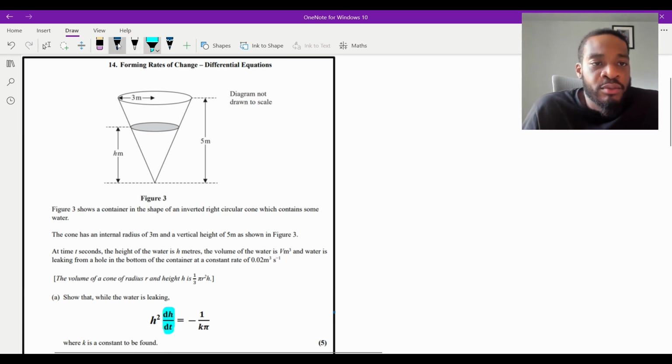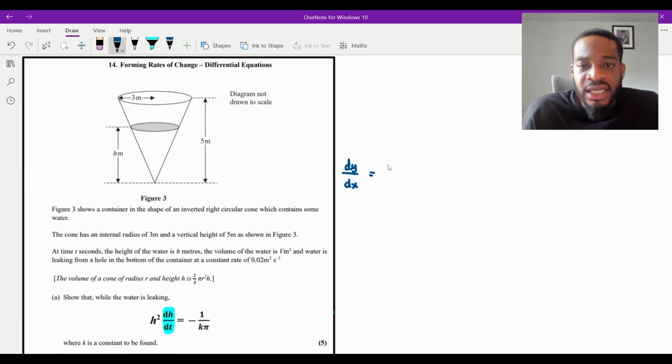Now, remember from the beginning of year 13 or whenever you're taught it, the chain rule states that dy/dx is equal to dy/du times du/dx. There's a connecting variable u here, which connects these rates of change together. Think of it as a fraction, the du's cancel, you're left with dy/dx.